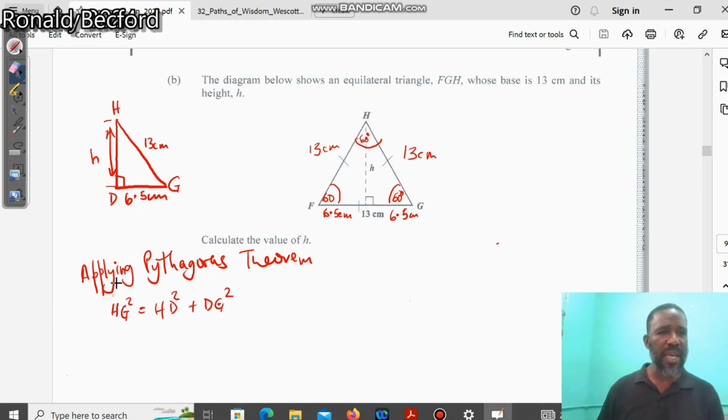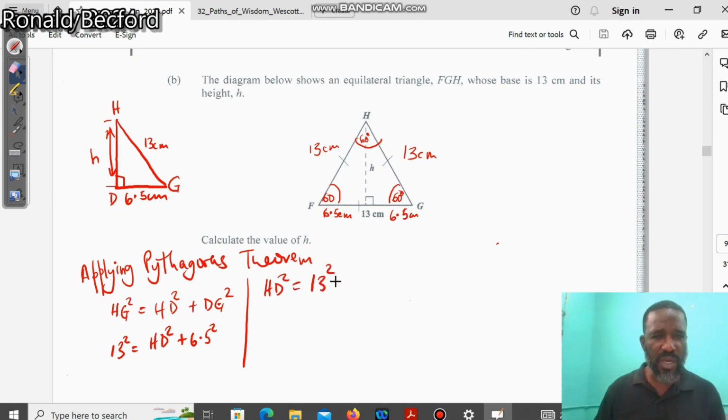If we substitute the values here now, we have 13 squared is equal to HD squared, which I don't know, plus 6.5 squared. So therefore, HD squared, by making HD the subject, is going to be equal to 13 squared minus 6.5 squared.